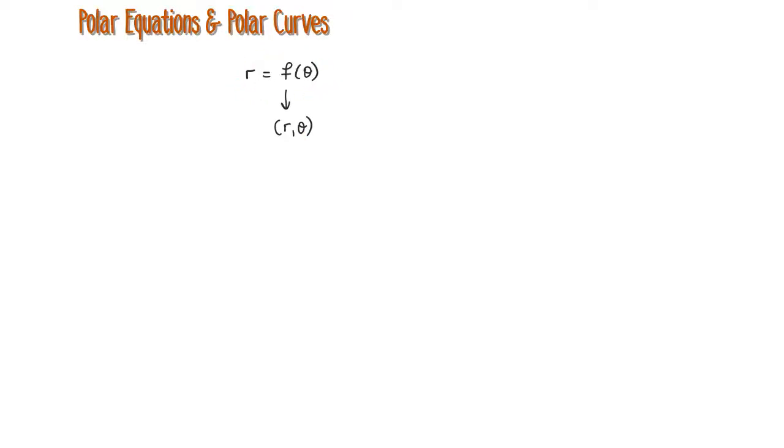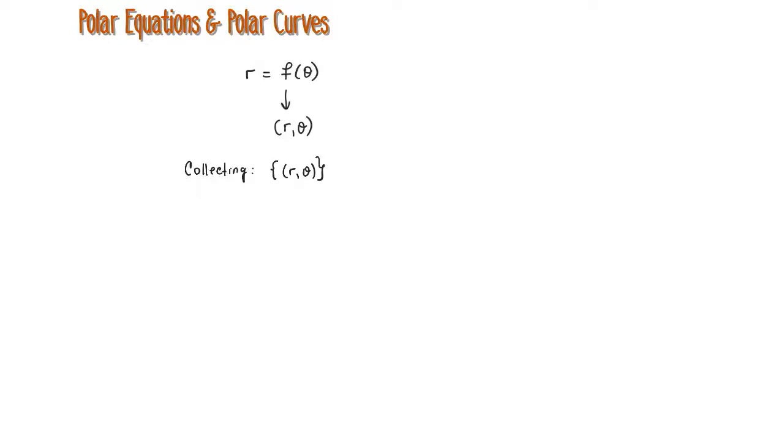What we are going to do now is to consider the collection of all the points that satisfy the polar equation. Imagine that we start collecting all of these points, all of them, the set of all (r, theta). My goodness, we can have many, many such points.